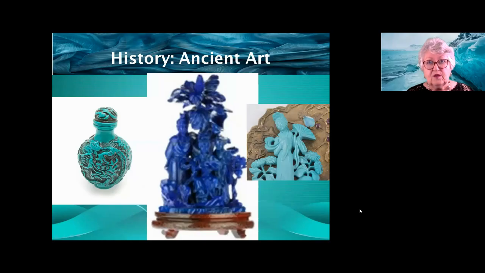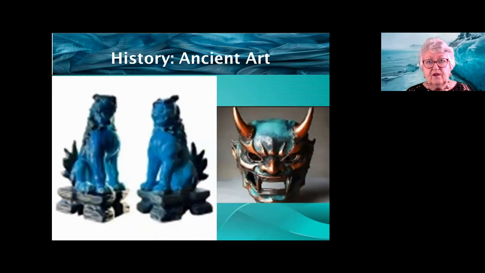Asian cultures also tended to prize these minerals as something very important, and again used them for their religious practices. So in China, we have some very fine carvings, all created from turquoise and lapis lazuli. Japan used it again for carvings, but also for painting and decorating the various other objects.